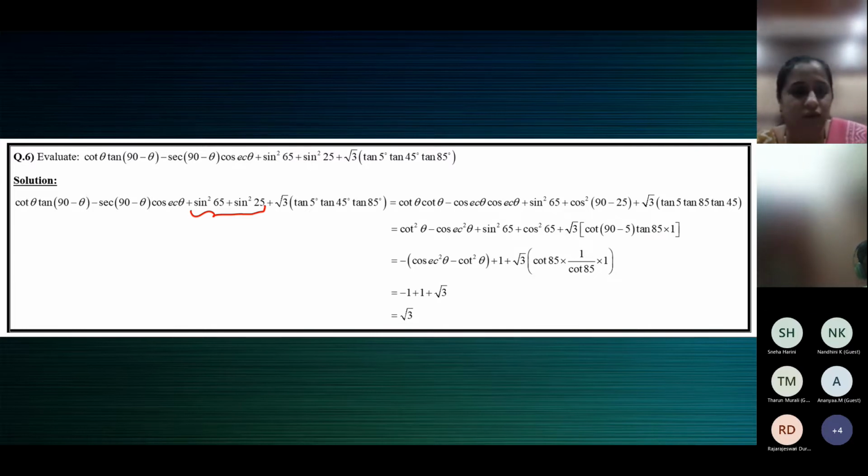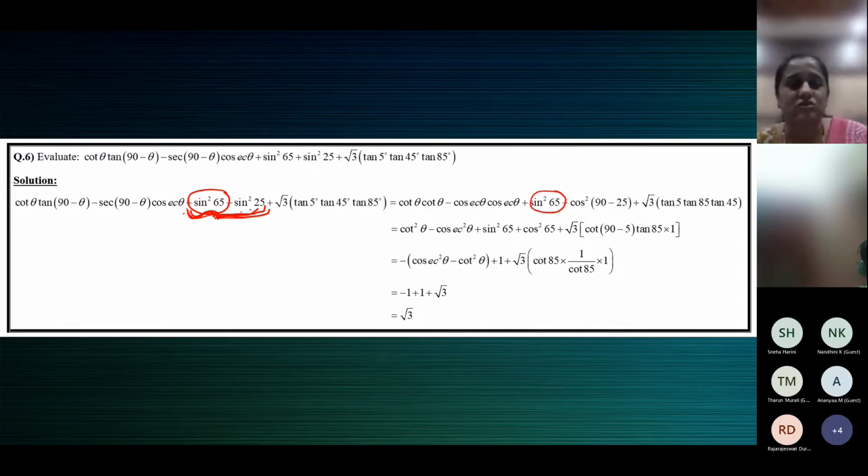Now here you'll have to plan how to proceed with this. So you have to identify that. Here we have to use the identity sine square theta plus cos square theta is 1 and modify this expression, sine square 65 degrees plus sine square 25 degrees, to suit that identity. So what we do is we decide to keep the sine square 65 as it is.